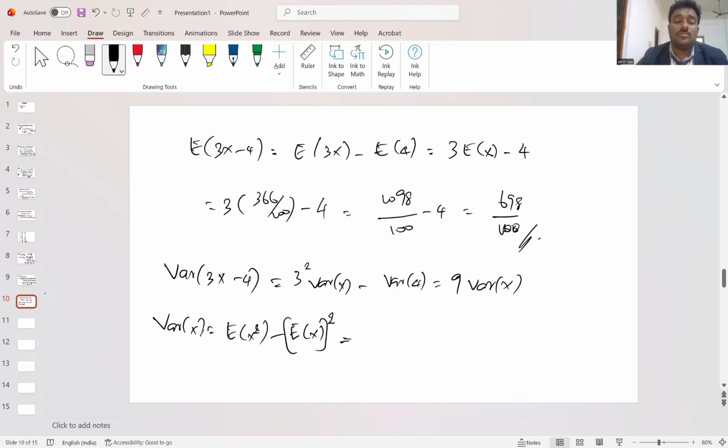This expectation of x square value can be found using the summation of xi square into the probability of xi, right? So we should square each and every term given, and multiply by its probability.